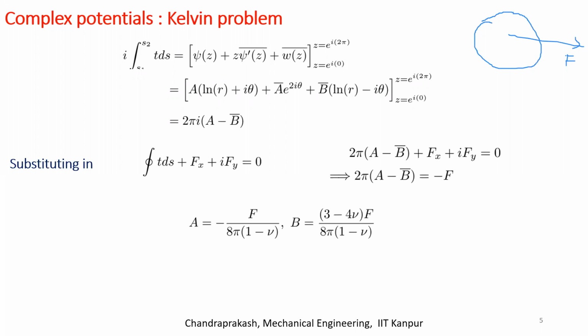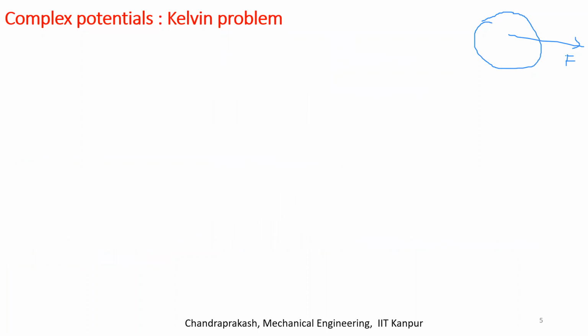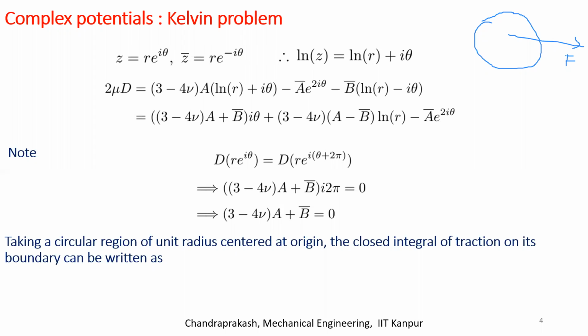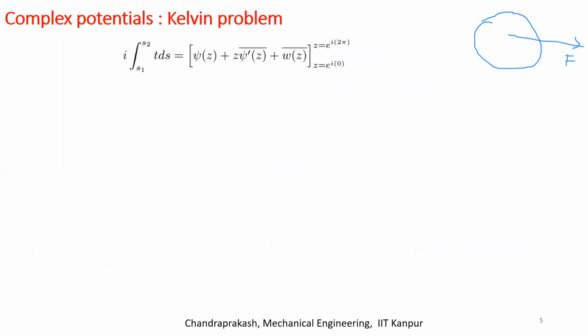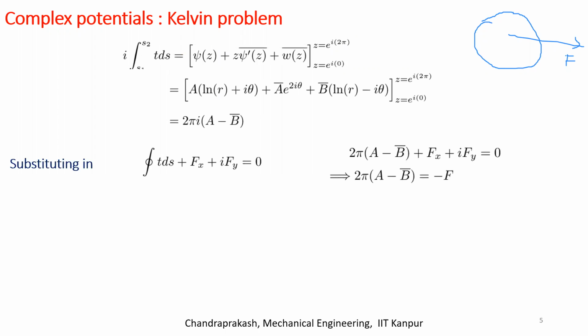So I get one more equation in terms of A and B. So using two equations, one is here and the second is in the previous condition on displacement, where you had A plus the complex conjugate of B, and here we have a condition on A minus the complex conjugate of B. So two independent equations and two unknowns, solve for them, you will end up getting this, right?